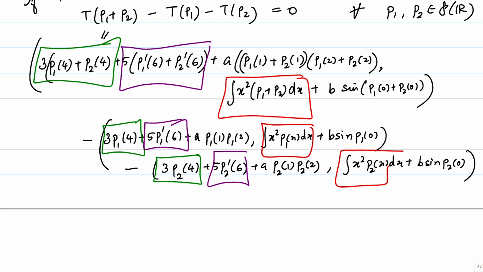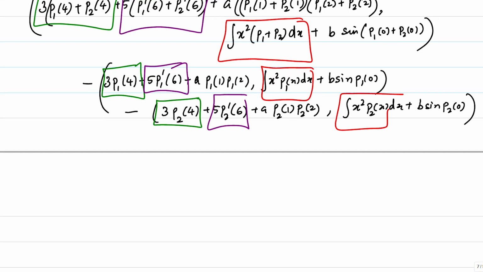So let's just write down what is left. What is left will be, after further cancellations, which I will allow you to check, P1 of 1, P1 of 2 is going to get cancelled. So what will remain is A times P1 of 1 P2 of 2 plus P2 of 1 P1 of 2.